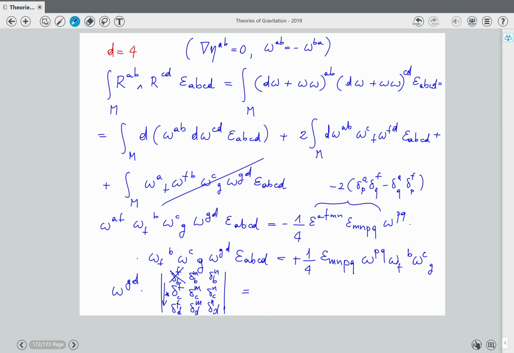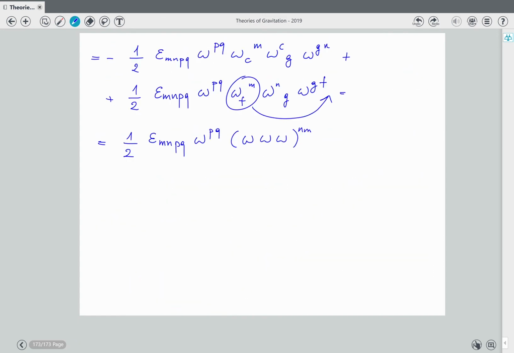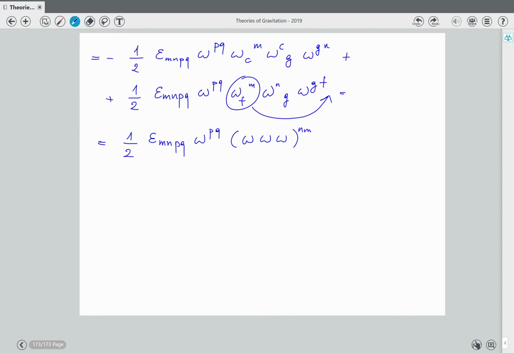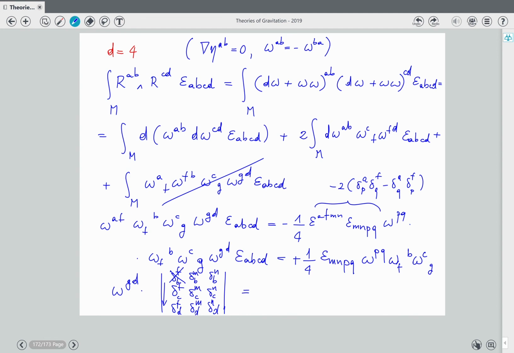So we move to the second one, delta FC, which means that this is a C, and we have a minus. So minus 1 over 2 epsilon Mn PQ omega PQ, omega delta FB becomes CB, and B becomes M, and D becomes N. So we have omega CM, omega CG, omega GN.